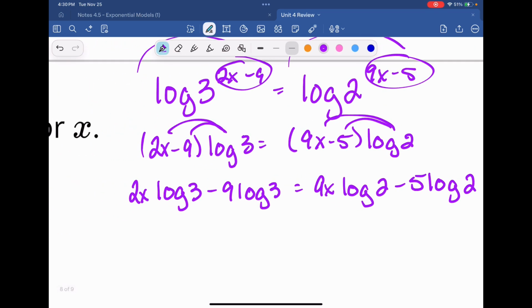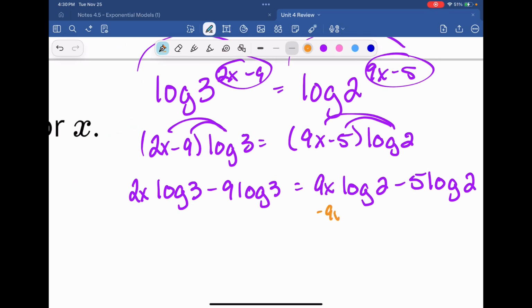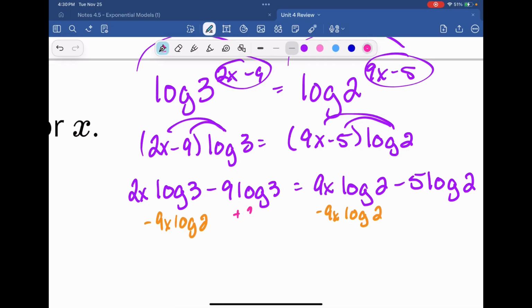So I'm going to subtract the 9x log 2, and I'm going to add the 9 log 3.